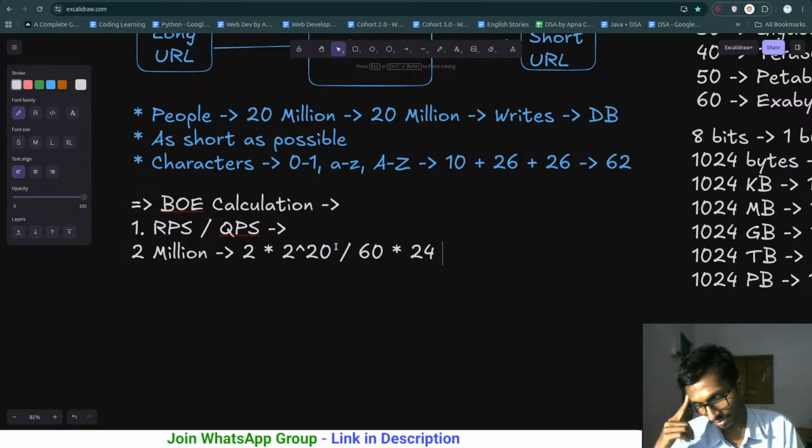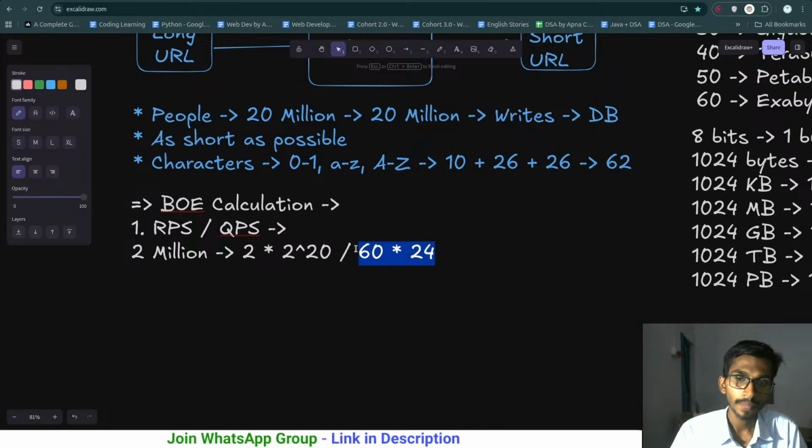Think again, how many seconds are there? There are 24 hours in a day. 24 multiplied by 60 minutes multiplied by 60 seconds. Simple.